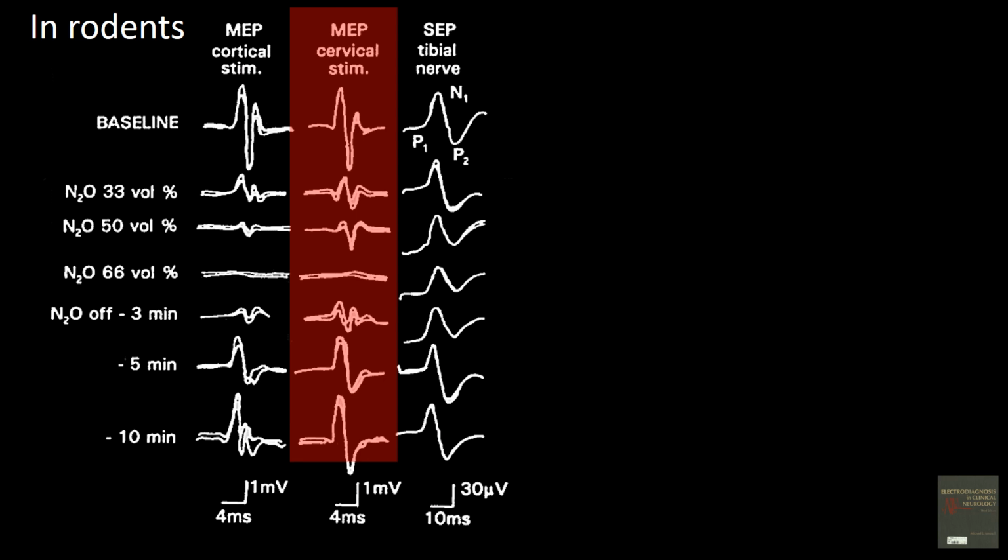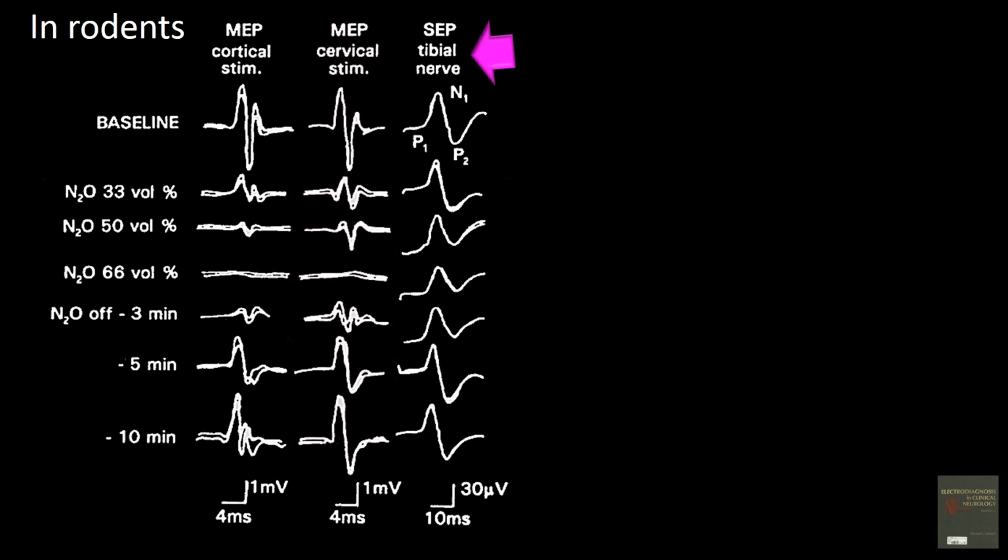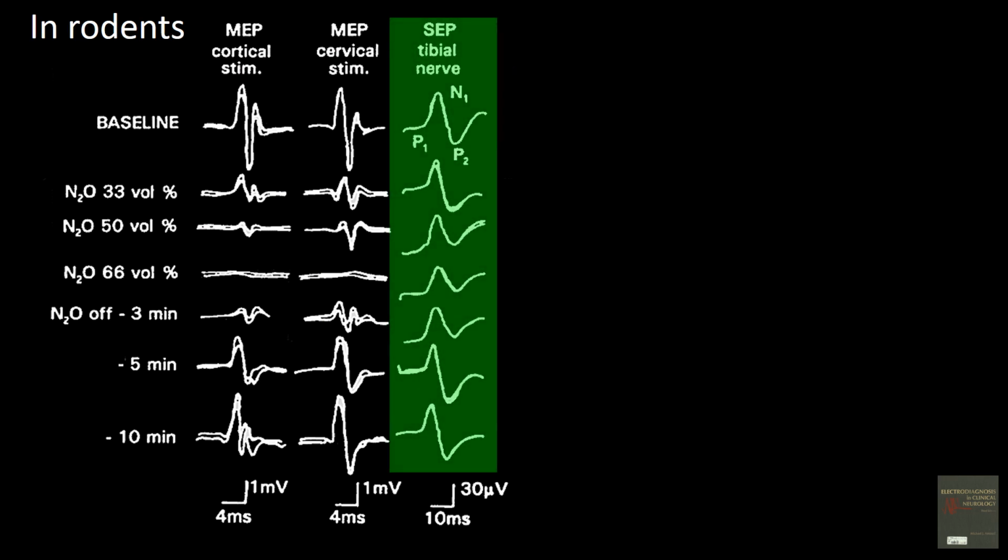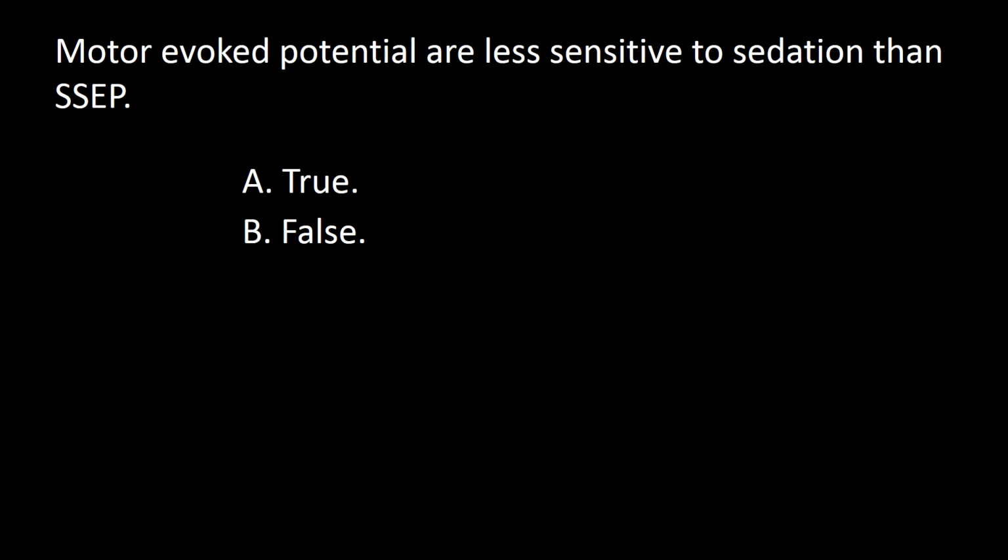That is, MEPs, regardless of being cortical or cervical, are significantly sensitive to sedation. Now notice that during somatosensory evoked potentials, hardly any changes occur in comparison to those that occurred during motor evoked potentials in the same situation. So the answer to this question is false.